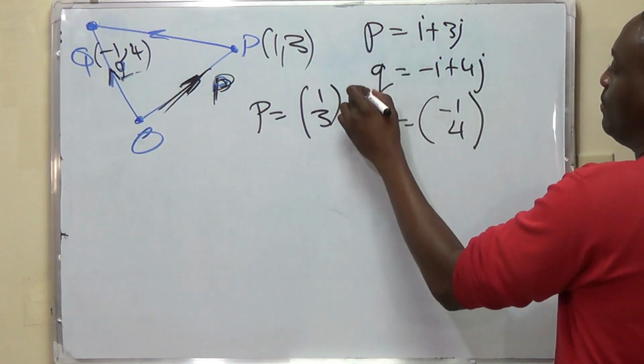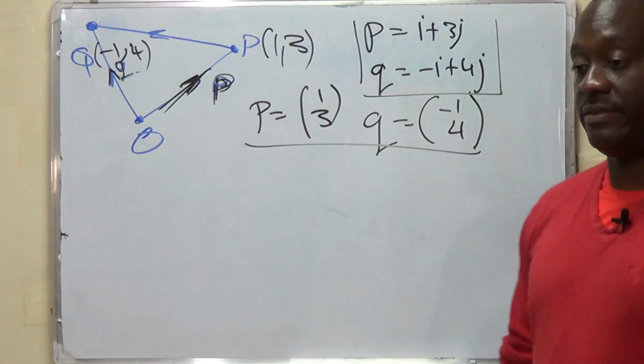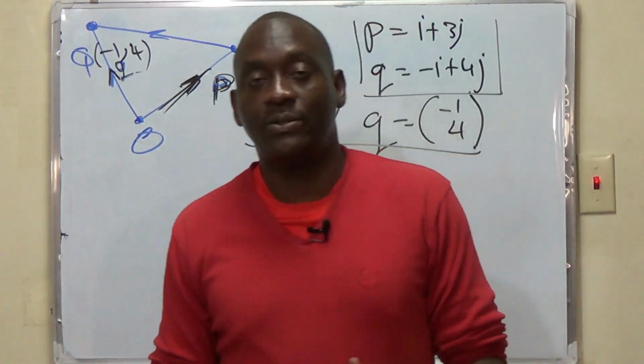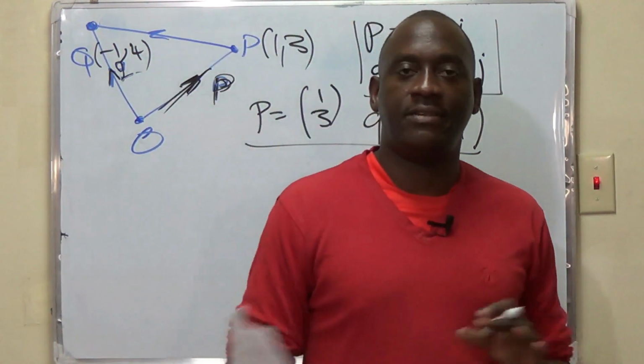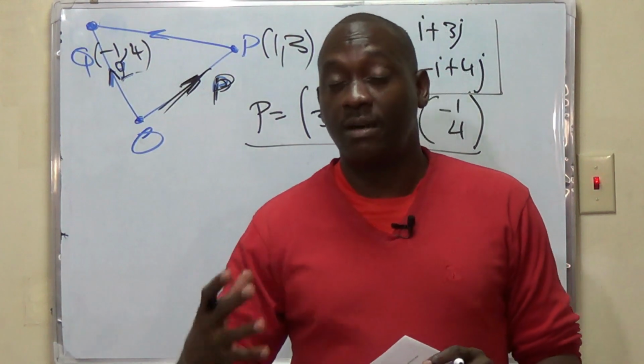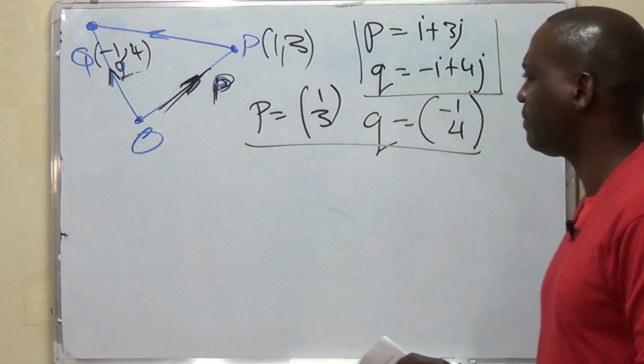So this is one type of notation for vectors. This here is the other type of notation for vectors. Whichever one you feel more comfortable with, you use. But both have their different uses in different situations, so it is better to have some level of familiarity with both forms of notation.